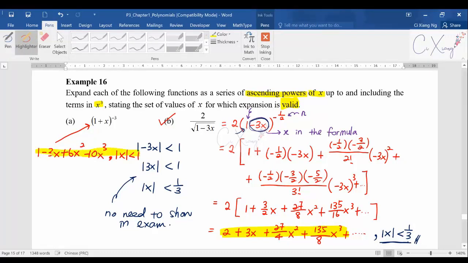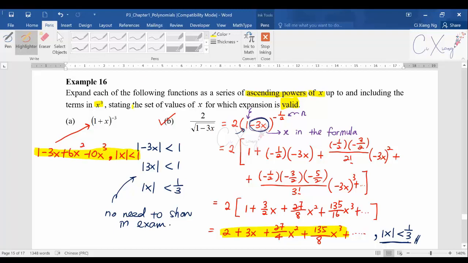If you can get it, then maybe you can try a few extra examples in the tutorial questions or the exercise behind every single chapter, or the tutorial question or exercise I give you in Blackboard. Just make sure that you try to apply it and become familiar with the steps and also the formula. So this is what we have for example 16, part A and also part B.